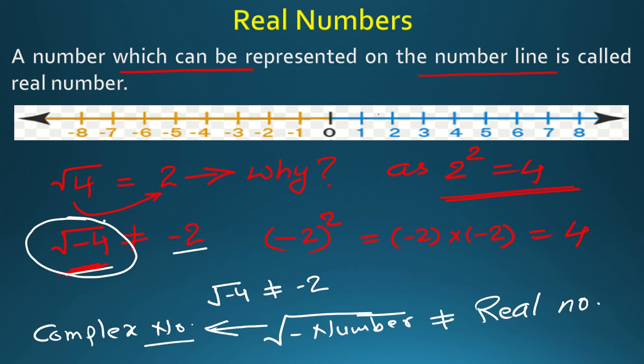Now let's talk about the family of numbers. Like we have our family in our home, similarly numbers also have their family. Some numbers are bigger, some numbers are smaller, some numbers are in a higher category, some numbers are in a lower category.